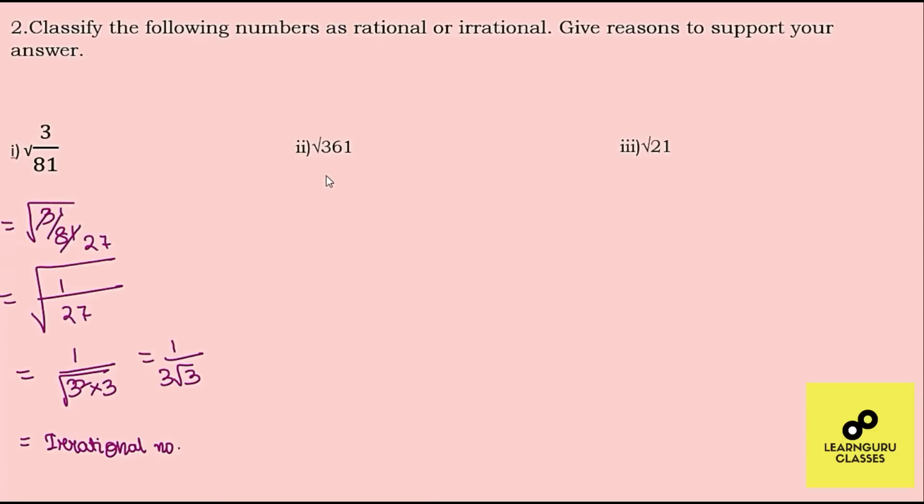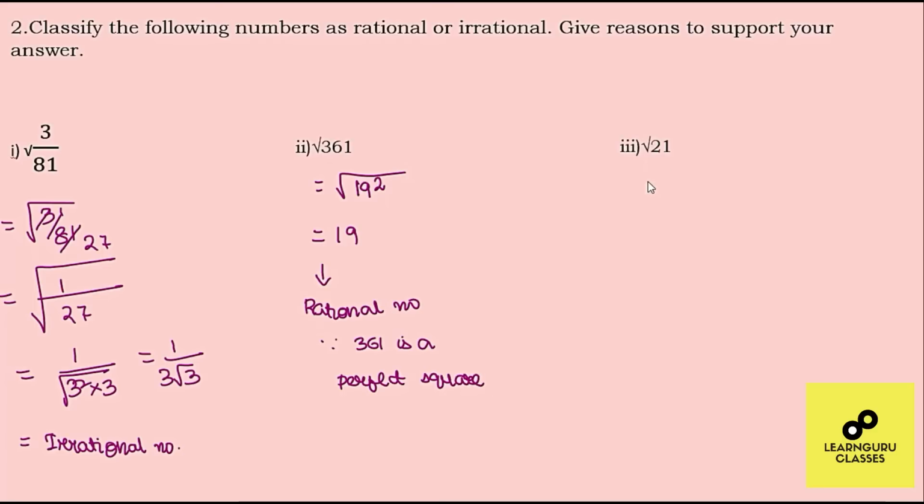Next, root 361. Root 361 can be written as root of 19 square. If you remove the root, the square and the half cancel, so we get 19. So 19 is a rational number, since 361 is a perfect square.